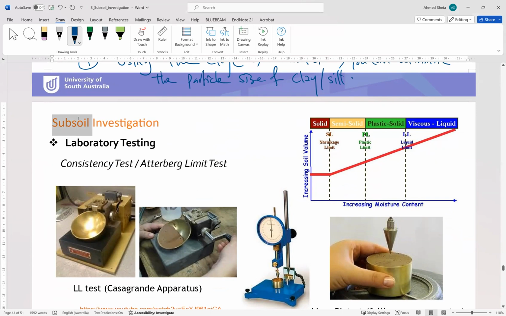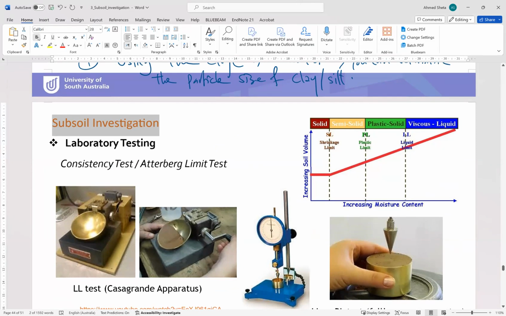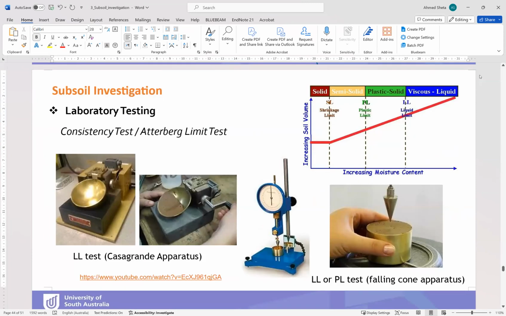Okay, so for this testing, the Atterberg limit test, we have talked about these properties before in the soil classification, if you remember.